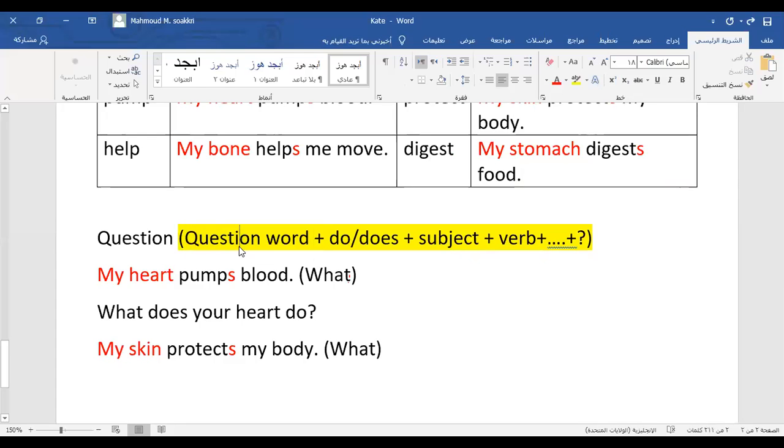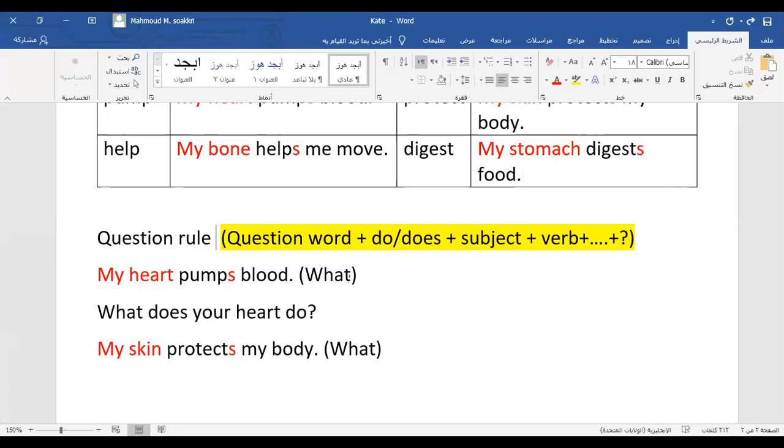Read it, please. This is the question rule. Okay? Now the question rule. What is the first thing we should write when we make a question?